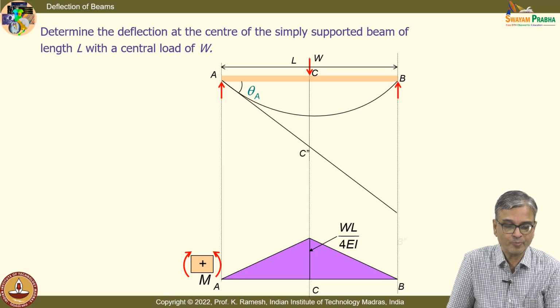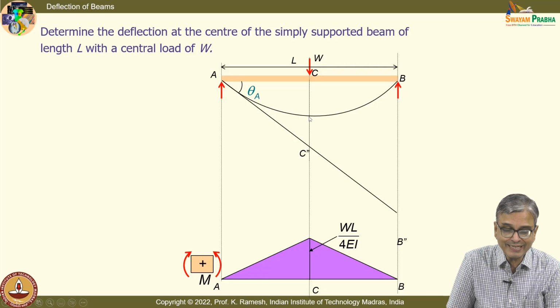I draw the slope at point A. I also know theta A right now. And if I use the second theorem, and C is a very advantageous point because I have the slope as 0, I can find out only this distance. Do you recognize that? But my interest is to find out this distance.